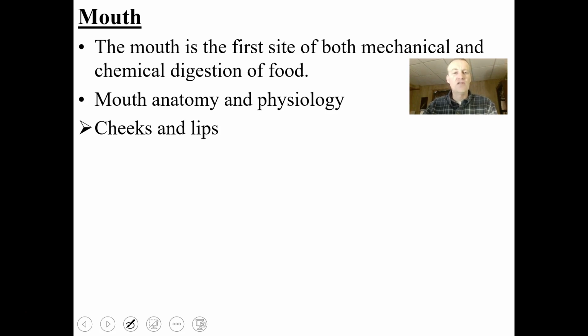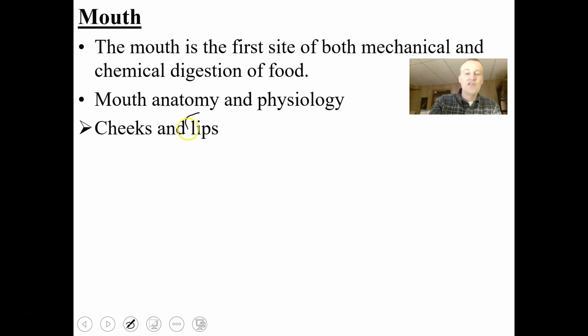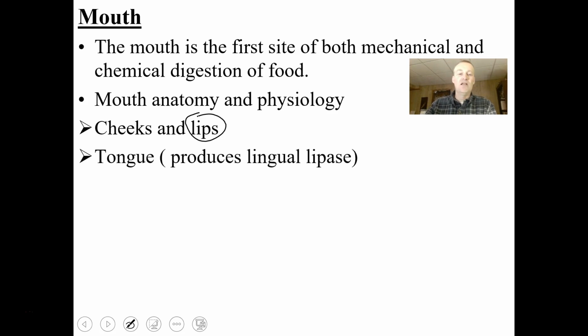They serve as points of contact or friction against food, so it helps to break it down mechanically. Lips also serve the function of sensing the thermal properties of food. If the food is too hot, your lips will tell you immediately. Very sensitive area of the body.